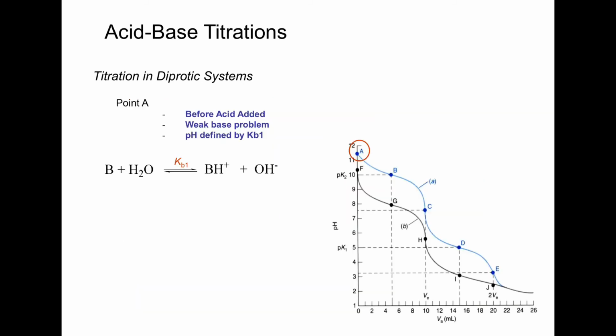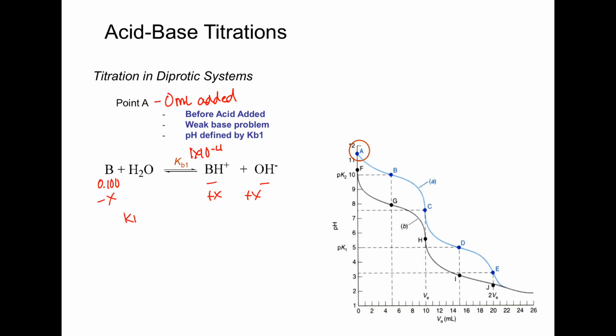Okay, at point A, that's when 0 milliliters has been added. Essentially, this is just a weak base system, so we have a base reacting with water. The Kb was 1 times 10 to the negative 4. The best way to handle this would be to do an ICE table where we start with 0.1 molar here, none of these, and we do minus x, plus x.